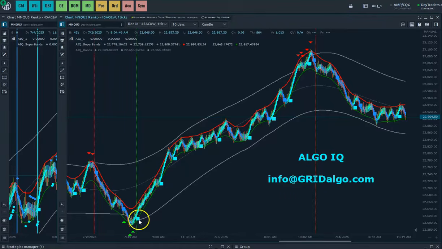And in the mode I currently have, the squares are showing me where I'm getting short-term or the beginnings of bursts in momentum. So obviously, if we're in an uptrend and we're below the mid band on the main bands of the indicator, any sort of bursts in momentum at that mid band area or below are pretty high probability areas to be scalping in alignment with a running trend.